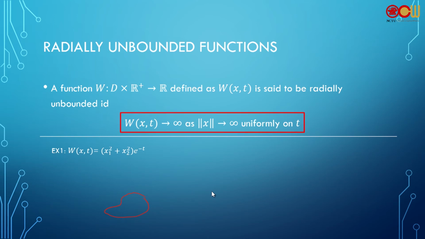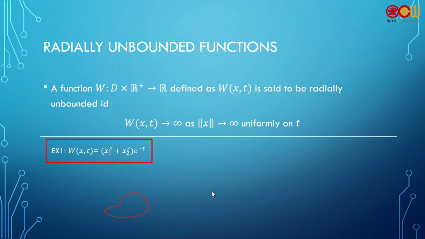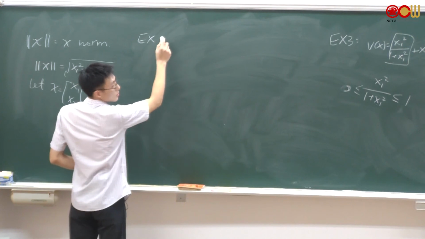Is this one a radially unbounded function, which is defined as: for x norm going to infinity, W will go to infinity, and uniformly in time, meaning for any t, if this is satisfied, this will be satisfied. Is this W the case?